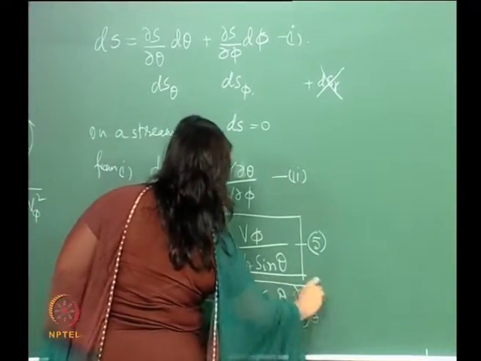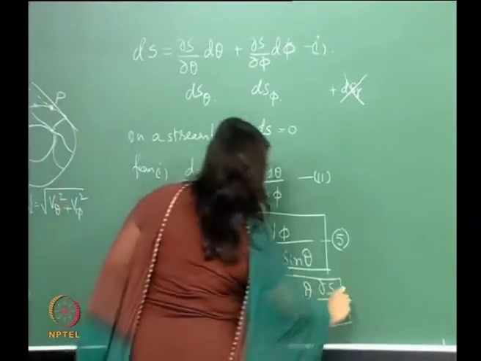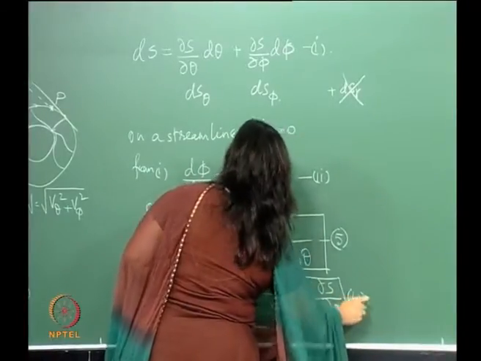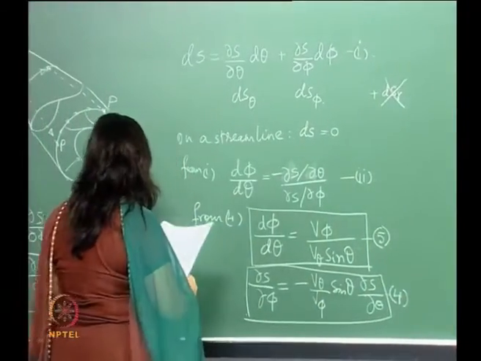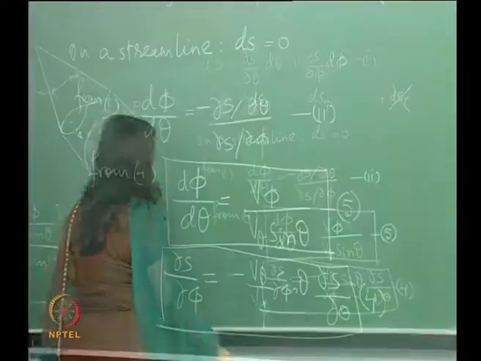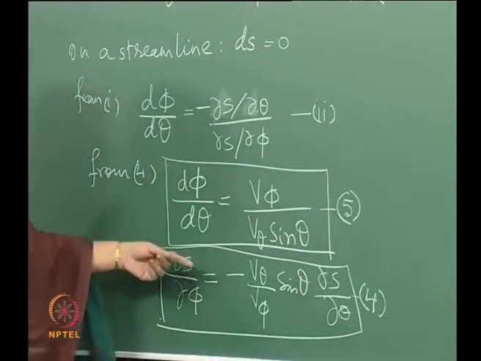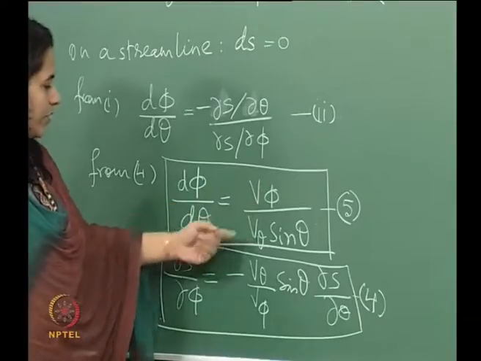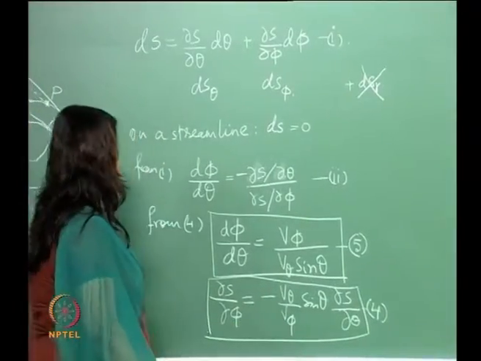This is our equation 4. Now, if you look at both these equations, here I have v phi by v theta and v theta by v phi.